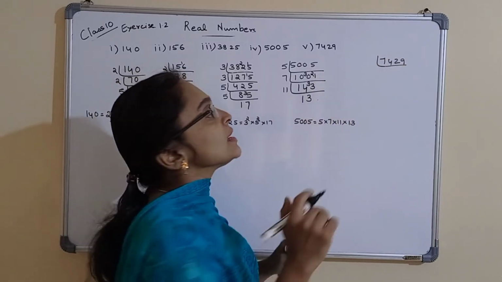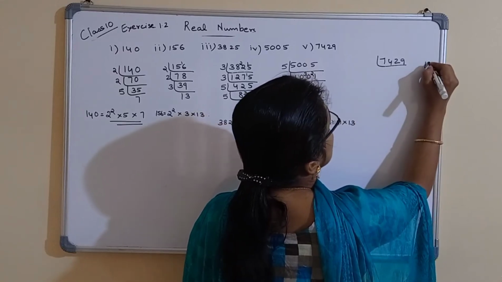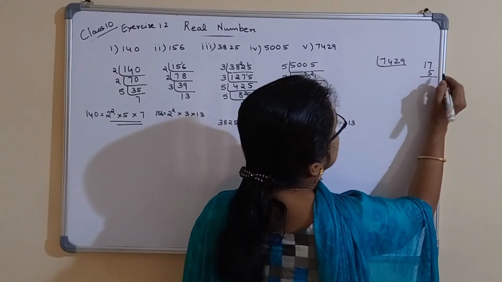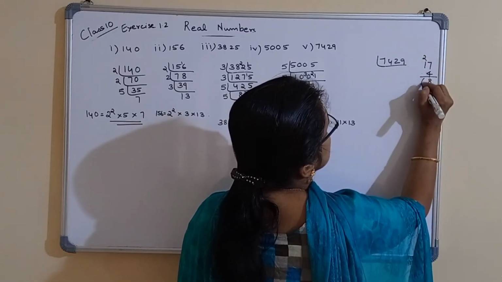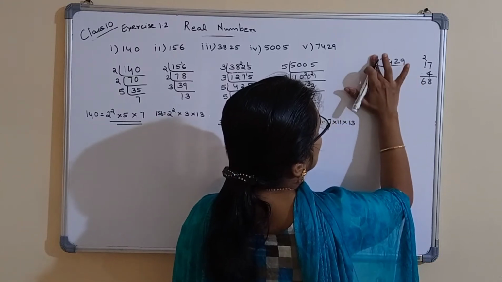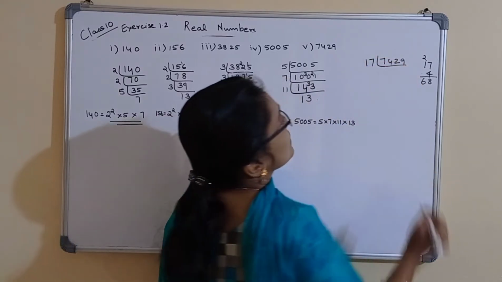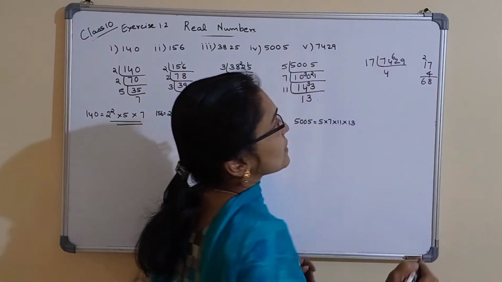16, 17. 17, we can see whether 17 is a factor. 17 into 5 is 85. So 17 into 4 is 68. So 6 remainder.